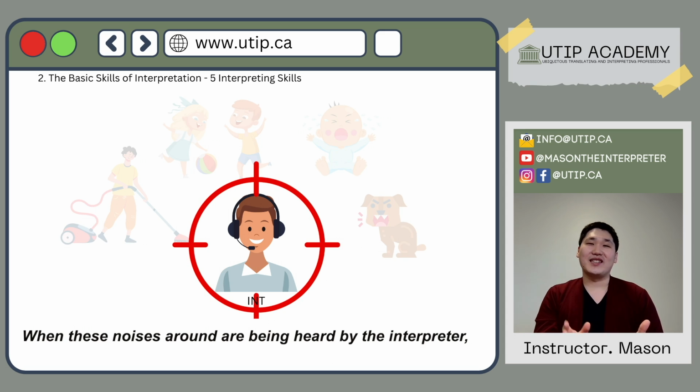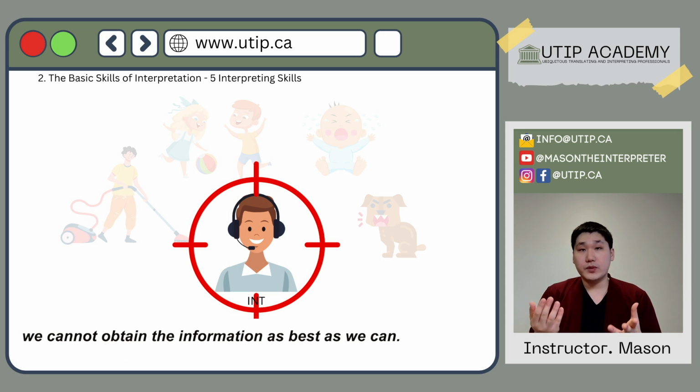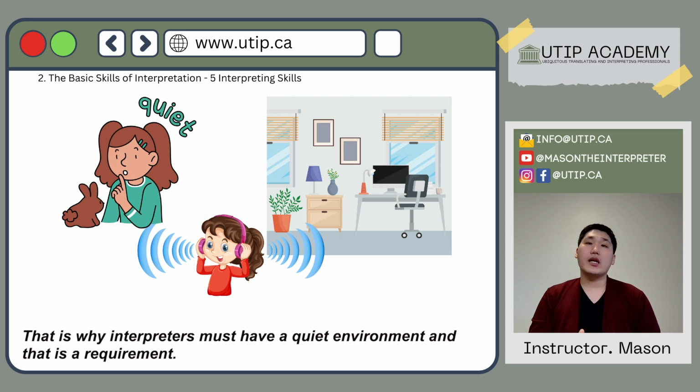When these noises around are being heard by the interpreter, it really takes away the interpreter's ability to interpret accurately and completely because we cannot obtain the information as best as we can. That is why interpreters must have a quiet environment, and that is a requirement.